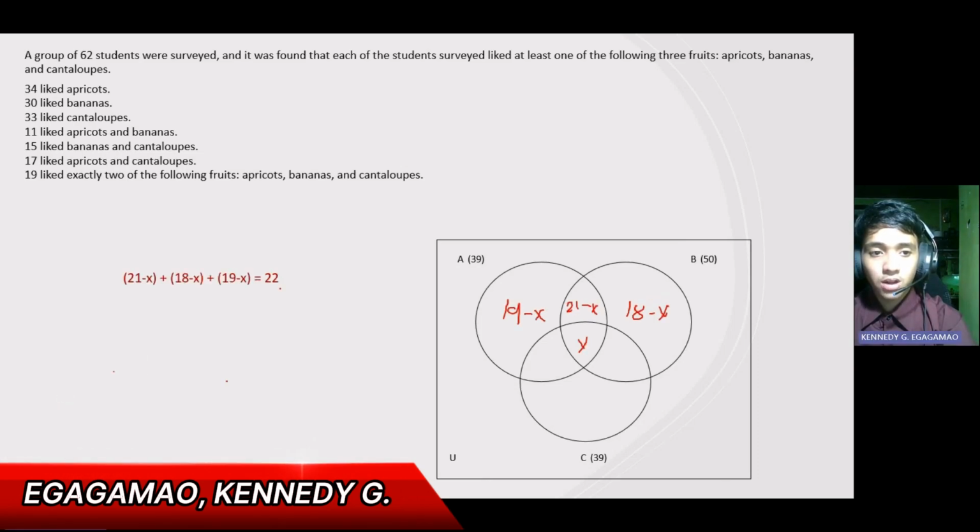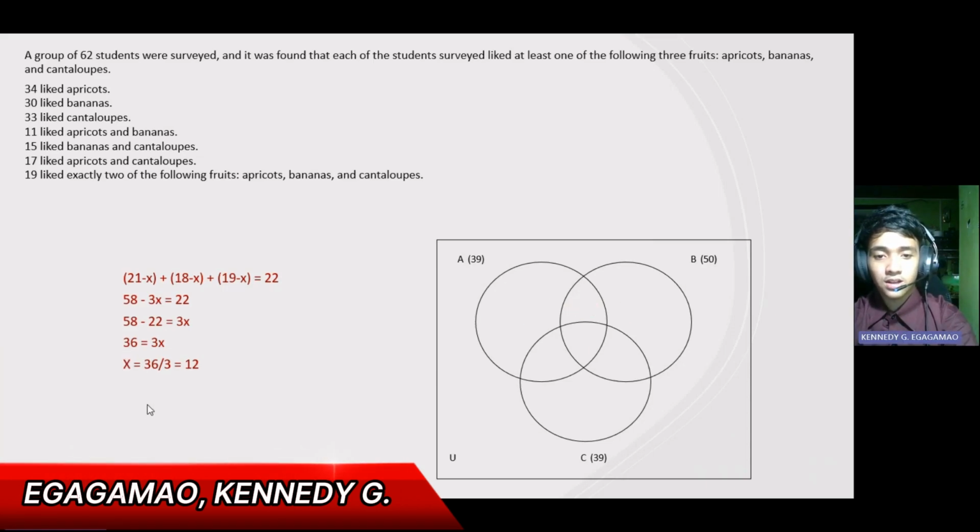So we have 21 minus x plus 18 minus x plus 19 minus x is equal to 22. 58 minus 3x is equal to 22. 58 minus 22 is equal to 3x. 36 is equal to 3x, and lastly x is equal to 36 divided by 3, which is 12.